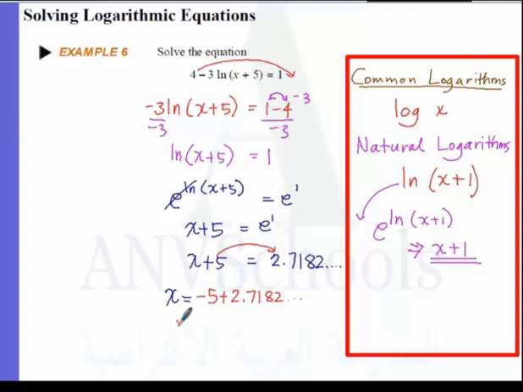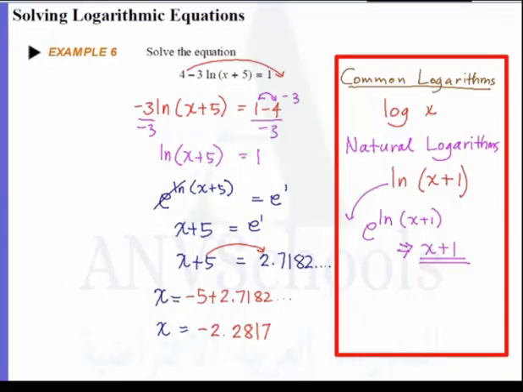So our x now is equal to, we subtract 5 from that, so that will give us negative 2.2817, rounded off to the nearest 10,000th. Okay, so this is our answer.